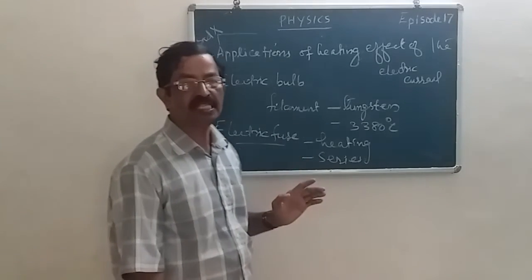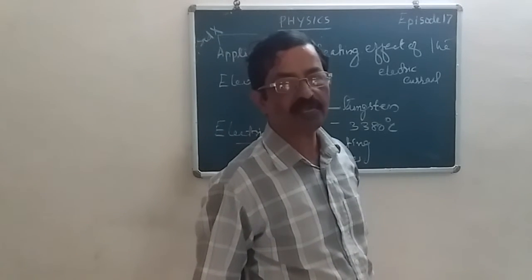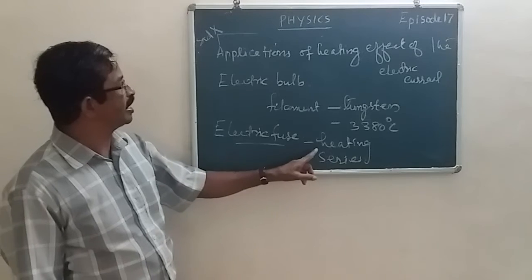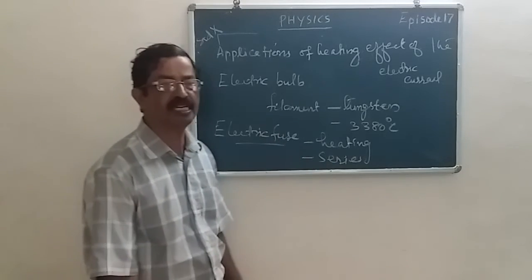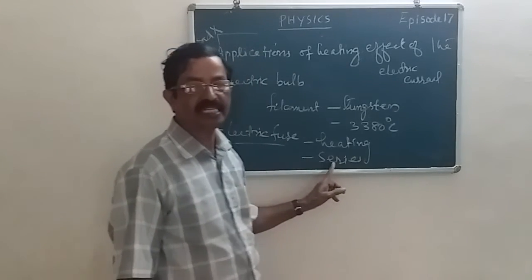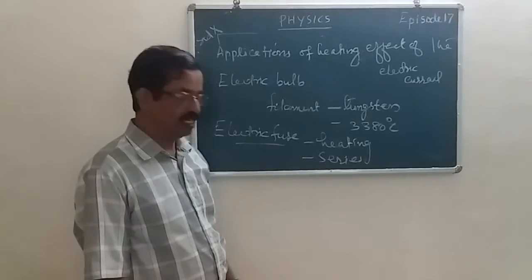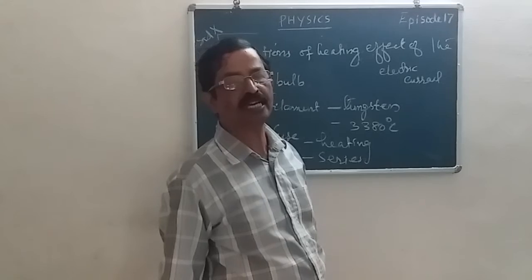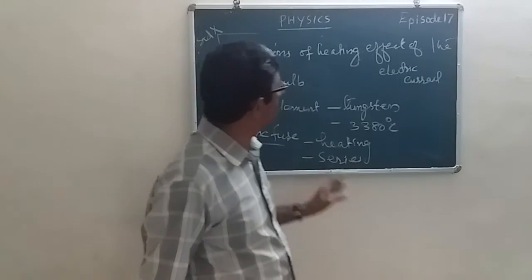But when the current is very high, the heat produced in the fuse wire becomes very large, and it is not transmitted to the surroundings at the same rate. So the temperature of the fuse wire increases and it melts.